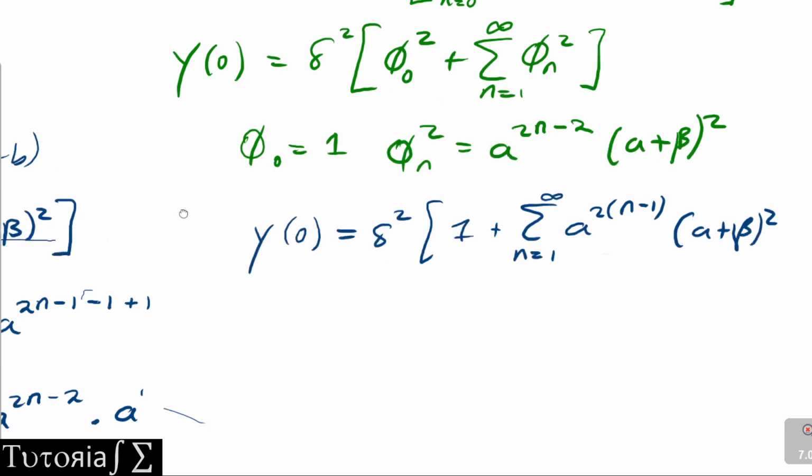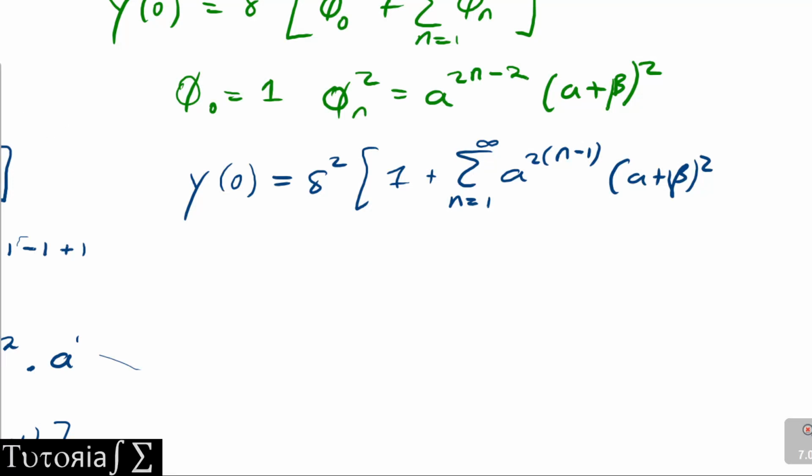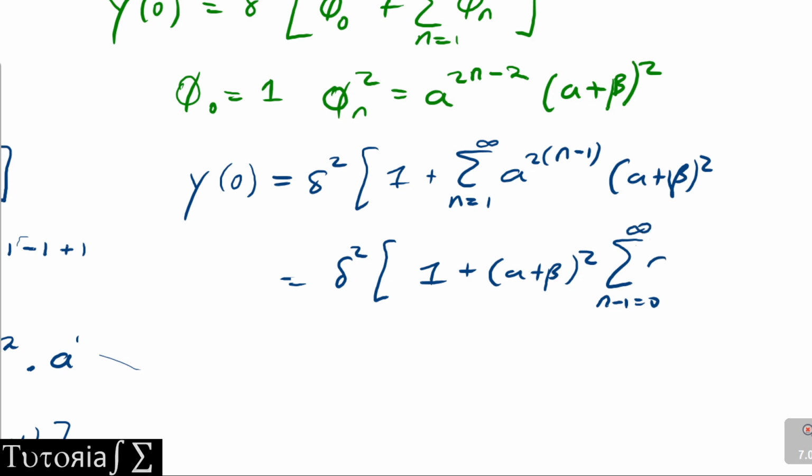Then here we're going to have the variance squared, 1 plus, we can factor out the a plus beta squared. Then here we can make a change of variables, so this will be the sum from n minus 1 equals 0 to infinity of a to the power 2 to the power n minus 1. So these two, we can take inside.